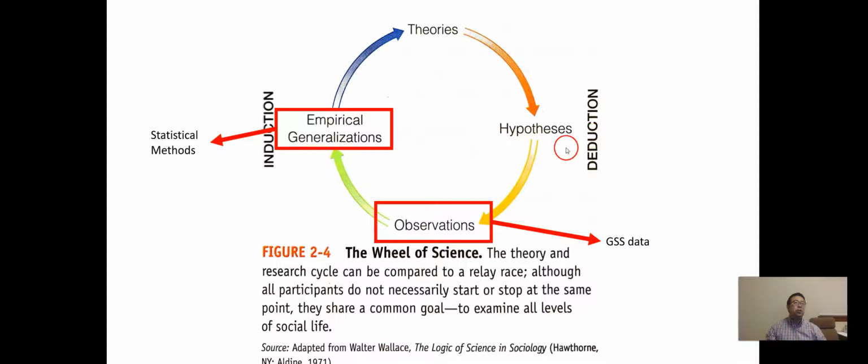So deduction starts from a hypothesis, the general criteria and the general argument. As you made some research topic or research question in the hypothesis, you could say that there are probably racial income differences. So your hypothesis says that there is racial difference in income. You are making a very grand argument about that.